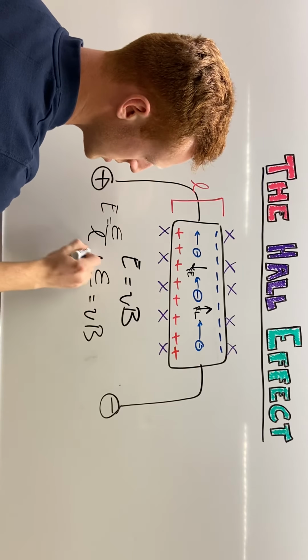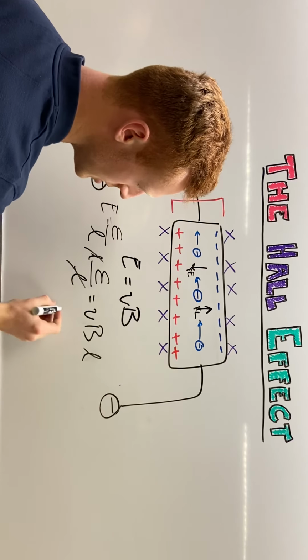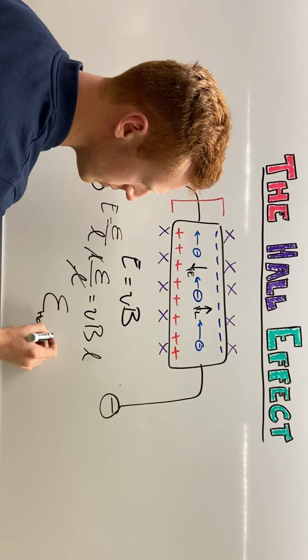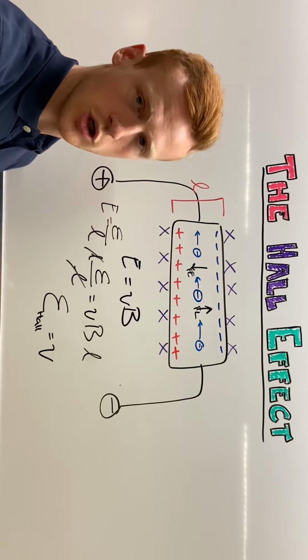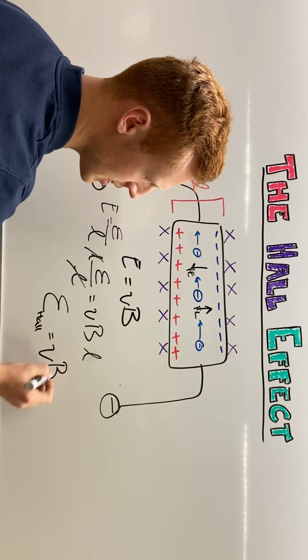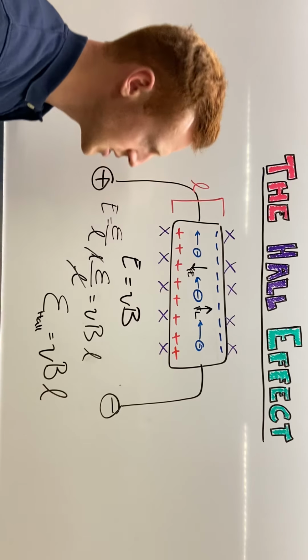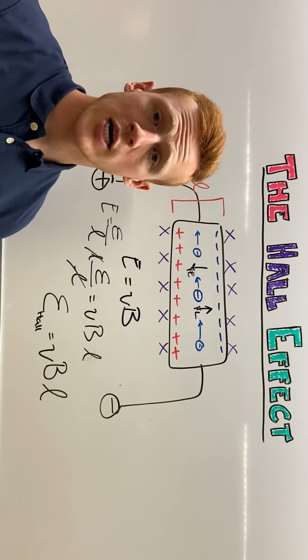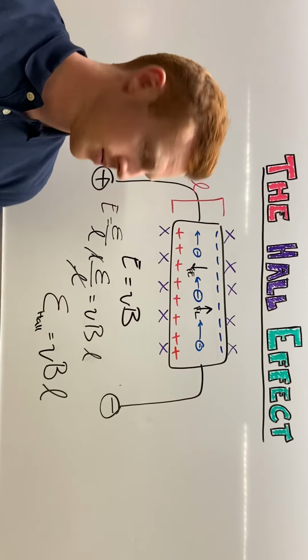Let's multiply both sides by L, and we get the Hall EMF equals the velocity of our charge times the magnetic field times the length or the width of our conducting plate, in this case, our copper plate, okay?